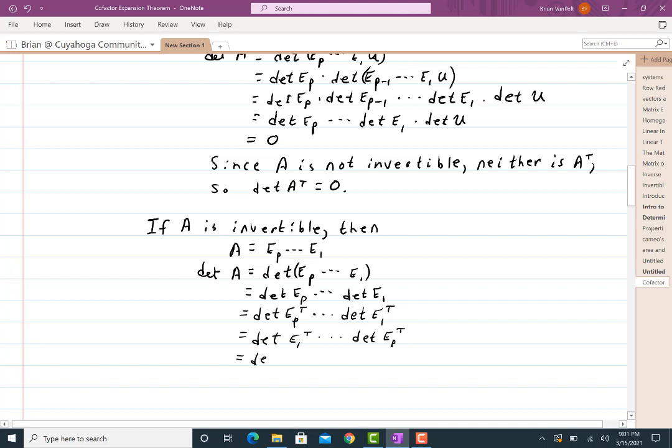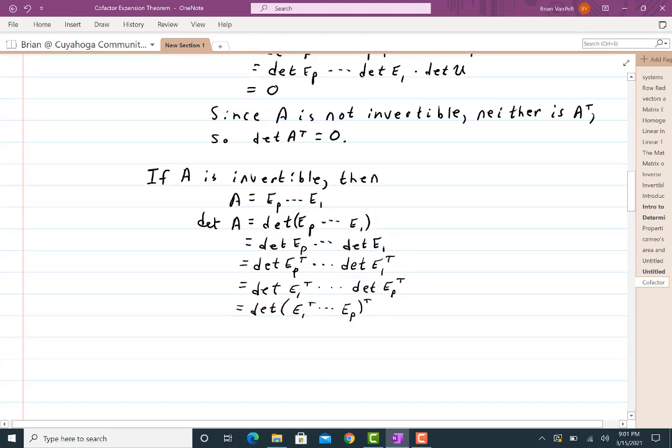So I can put this back together in that order, E1 transpose up to E sub P transpose. And let me put the transpose in the right spot. Now, of course, the transpose of a product is the product of the transposes in reverse order.